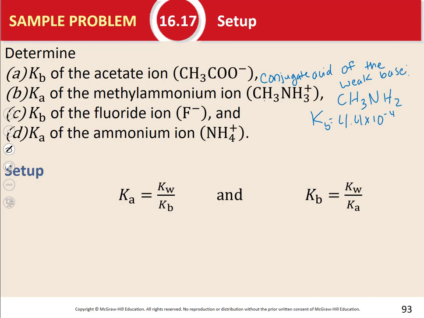Good. Divide Kw by the Kb. So Ka is Kw divided by Kb, because as we saw in the last one, Ka times Kb equals Kw. So the Ka of methyl ammonium would be 1.0 times 10 to the negative 14 divided by the Kb of methylamine, 4.4 times 10 to the negative 4th.